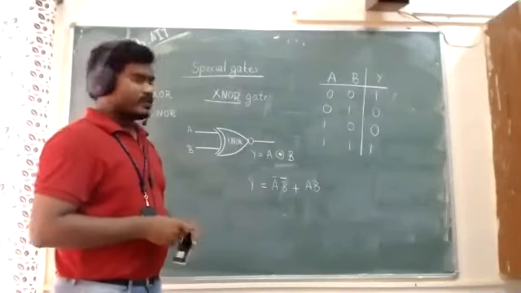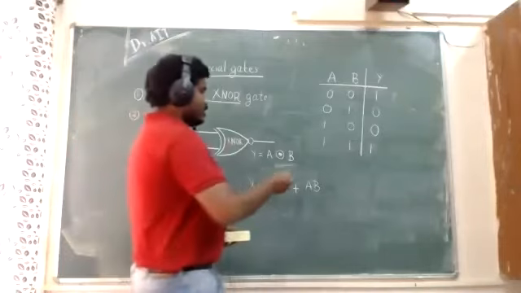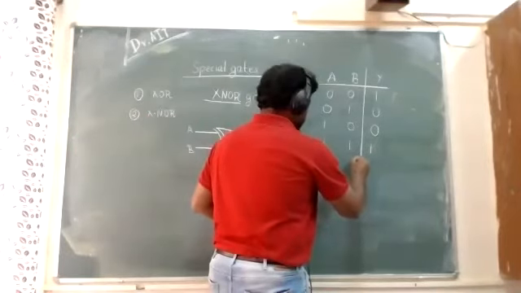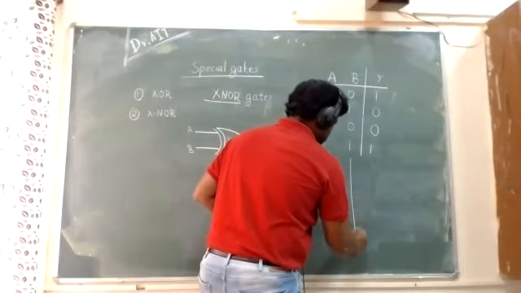So this is regarding the truth table of the XNOR gate, and I have to draw the timing diagram also for this.